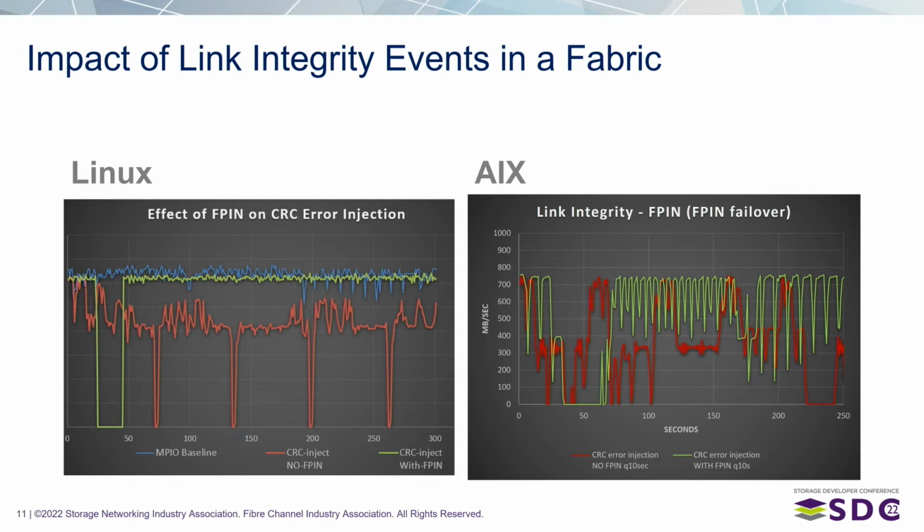You're going to see a drop, a detection that it's an issue, and then performance gets restored to almost 100%. The reason I wanted to point out both Linux and AIX is just to show that different OS implementations are able to achieve very, very similar results with just a basic modification that we've already been talking about.